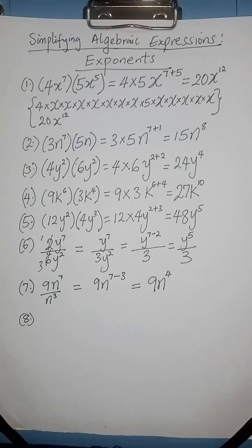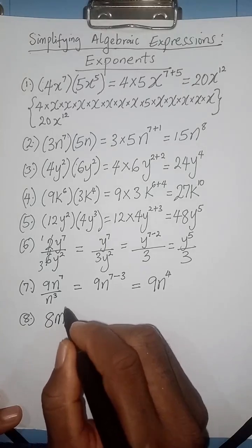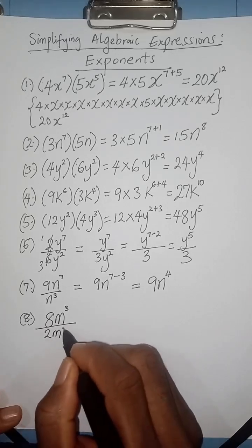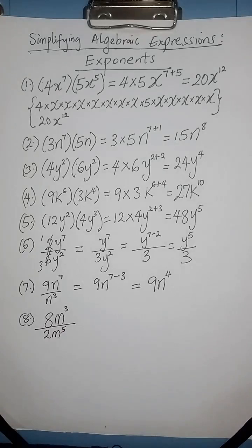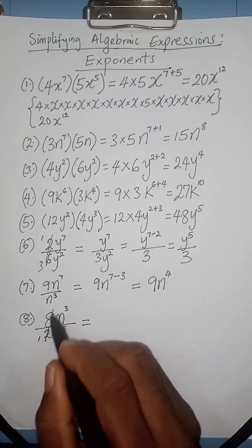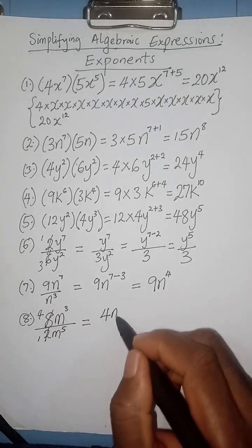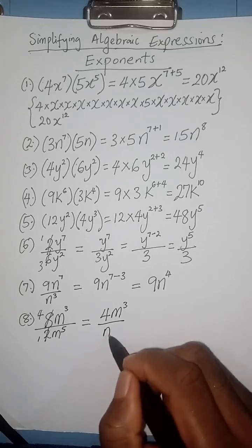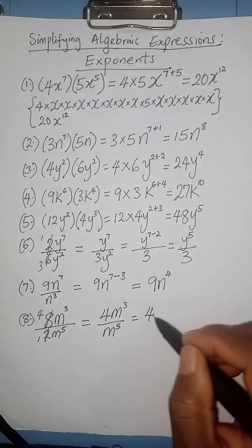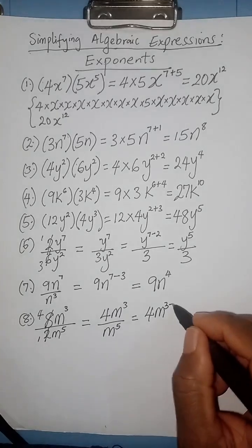Let's try out number 8. Number 8, I'm going to have 8m raised to power 3 over 2m raised to power 5. So what do I do here? Now, a factor can divide this, and a factor can divide this to be 4. So here I'm left with 4m raised to power 3 over m raised to power 5. Now remember, it's division. So 3 divide means minus 5.